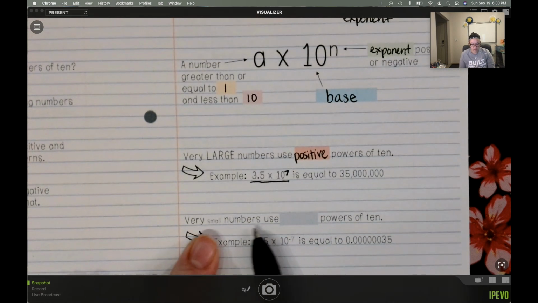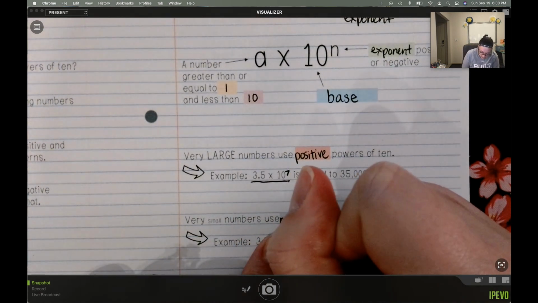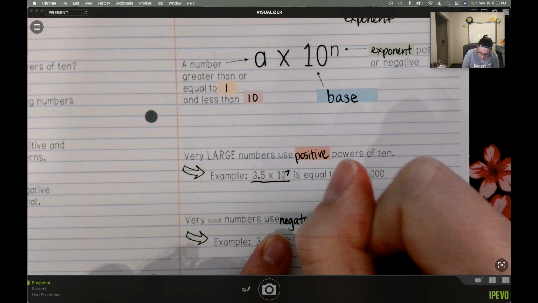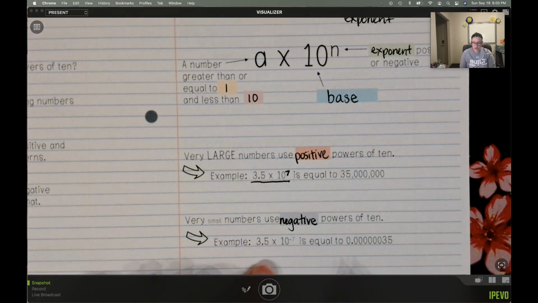And then we also have very small numbers that use negative powers of 10. So 3.5 times 10 to the negative 7 would be 35 ten millionths. Place value is important here.